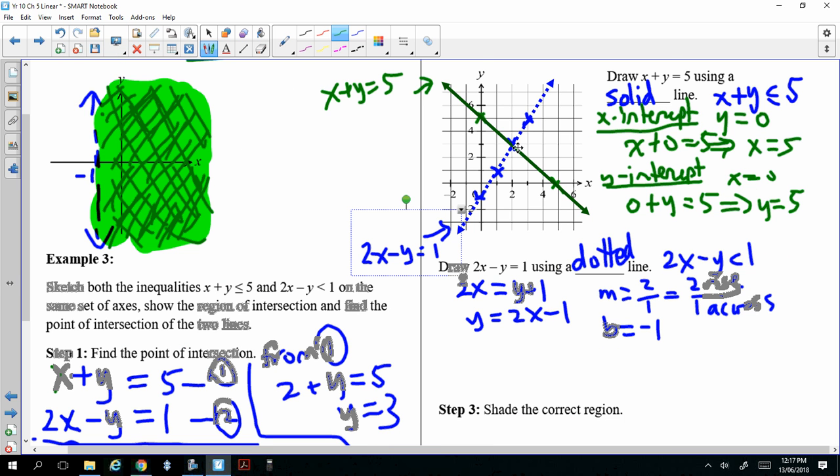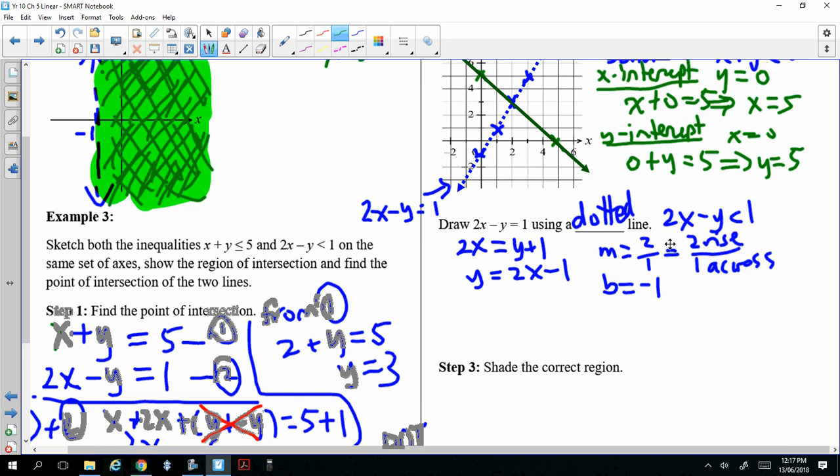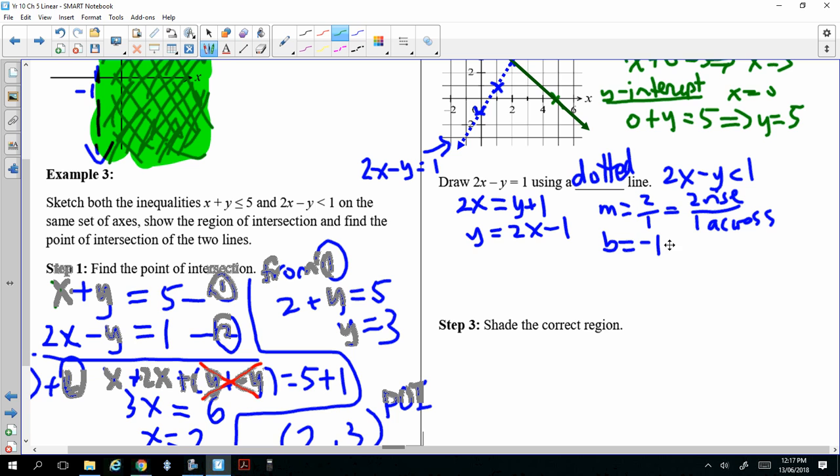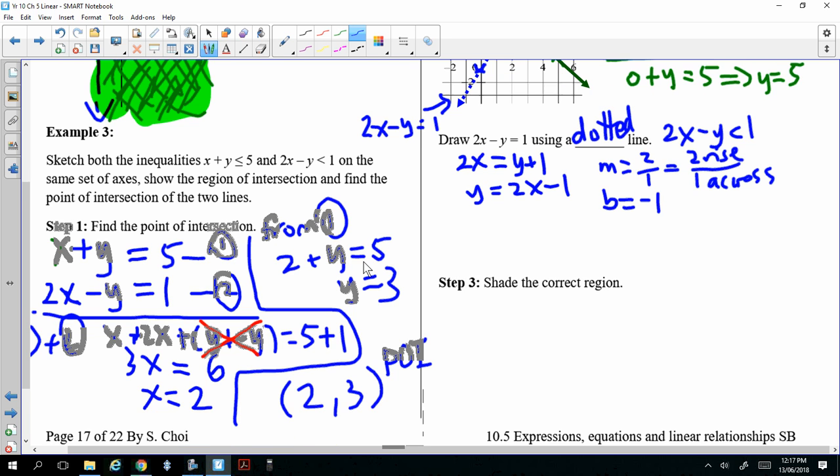Once we draw both lines, let's find the region. Let's write down the two inequalities first. The first one is x plus y less than 5. The second one is 2x minus y less than 1. We're going to make y the subject.